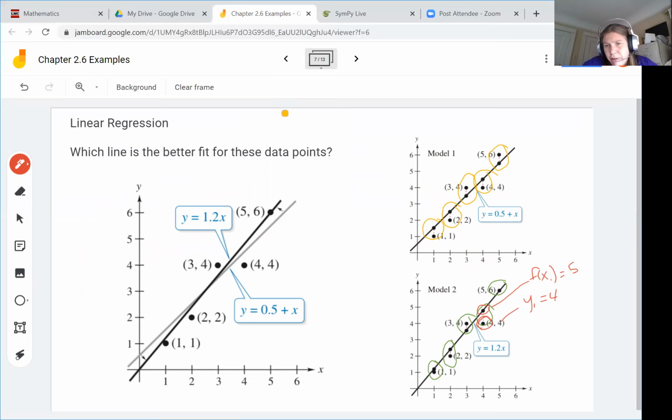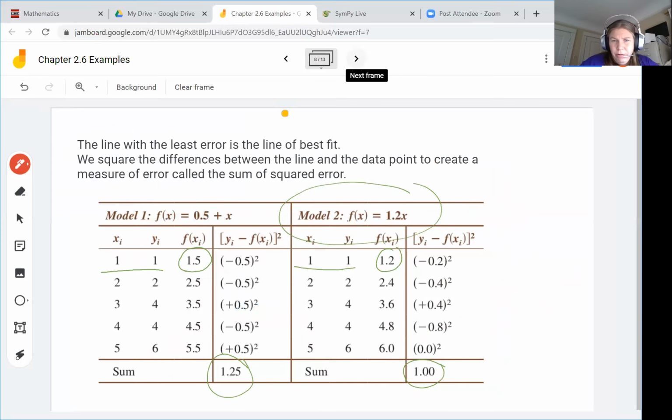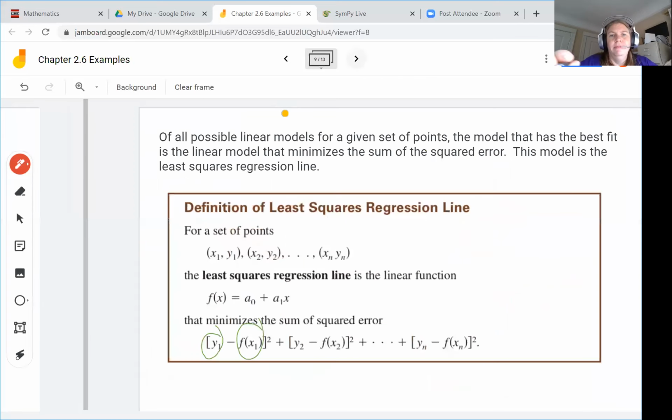Our predicted value is on the line. So you see, our error then, 4 minus 5, is that -1 that we saw. And where was that? Oh, I guess it was a 4.8, but it was right here in the table. So what I called 5 is actually 4.8, but close enough.